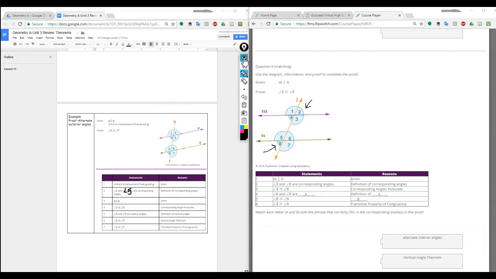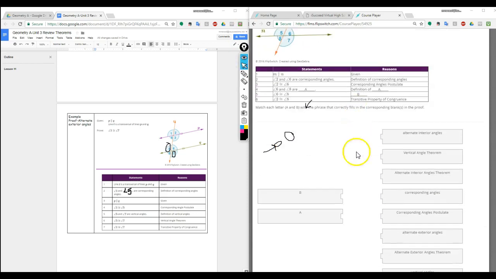If you notice, in our example proof we had 5 and 7, those are vertical angles. And in our question, 6 and 8, those are vertical angles. So it is vertical angles.